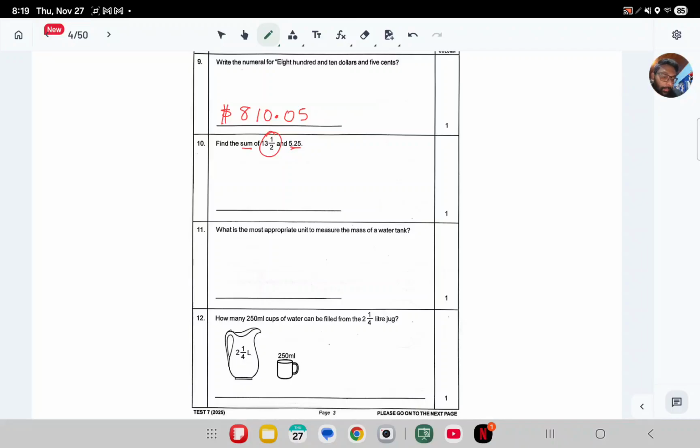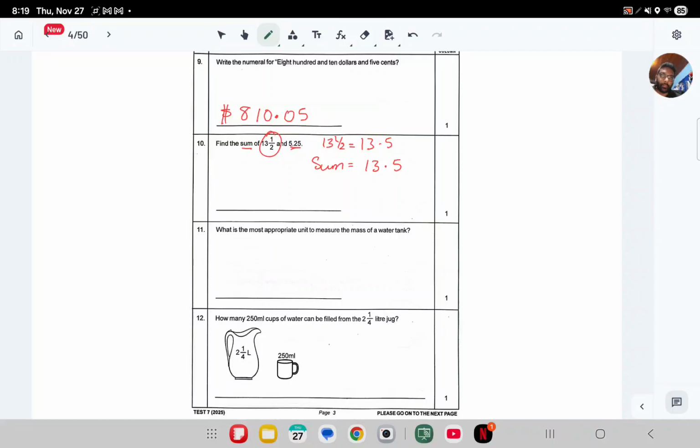So we need to work in like units, so like figures. Alright. So I know that 1/2 as a decimal is 0.5. So 13 and 1/2 is the same as 13.5. So to calculate the sum, we just add now the 13.5 and the 5.25.